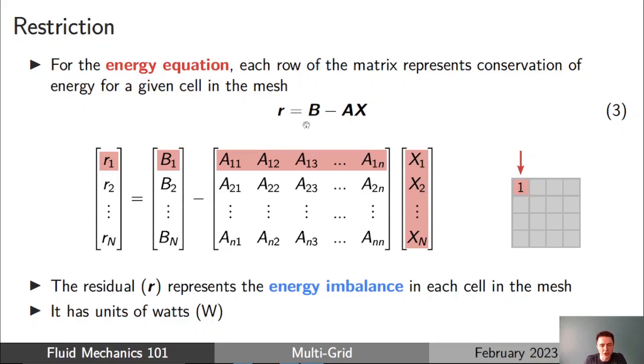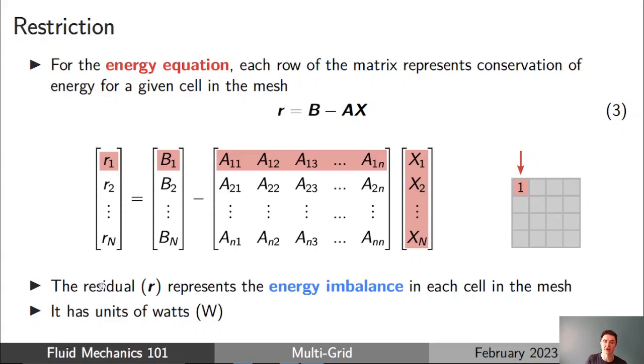If we were solving a matrix equation AX equals B that represented conservation of energy, the energy equation, the key thing to remember is that the residual represents the energy imbalance. So each entry in the residual vector, R1, R2, all the way down to Rn, represents the energy imbalance in each cell in the mesh.